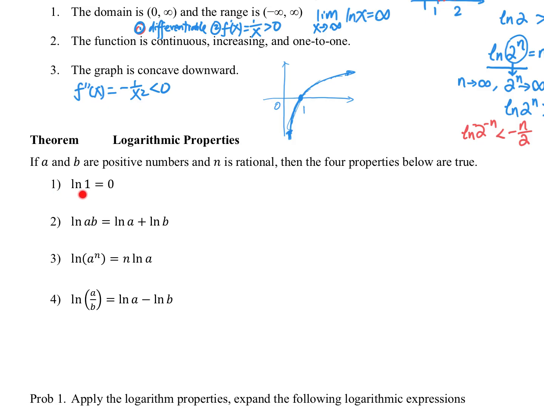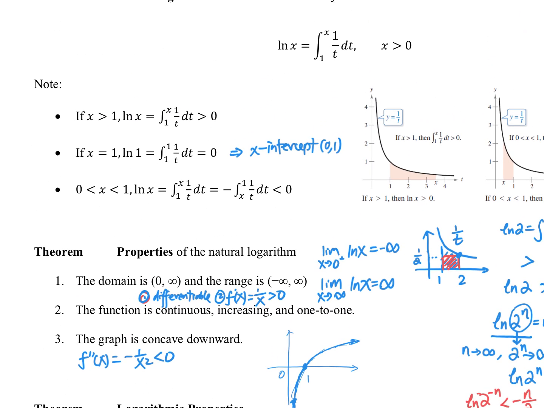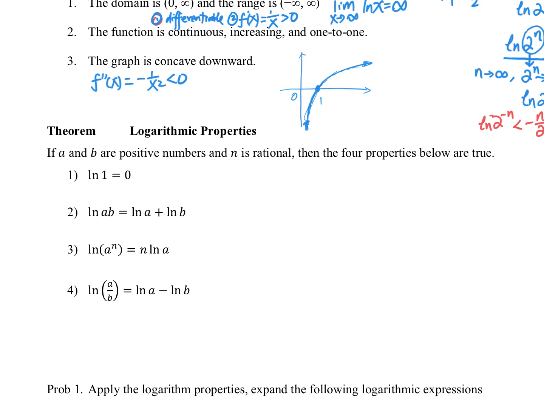The first one is ln 1 is equal to 0. Well, this is actually a fact, right? When x is 1, the lower and upper limits are the same, so the integral has to be 0. So this is pretty trivial just from the definition.